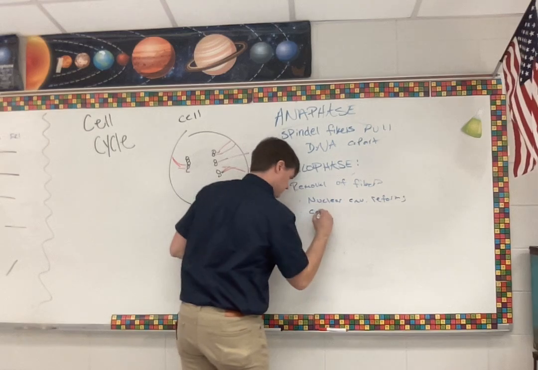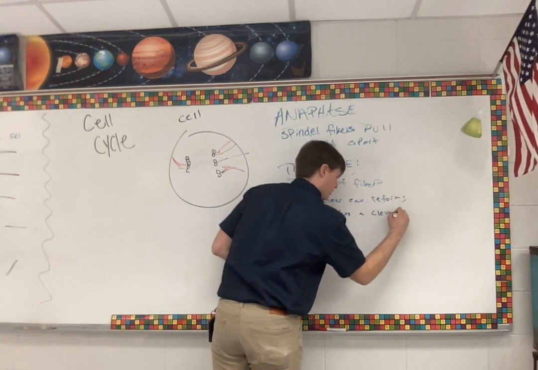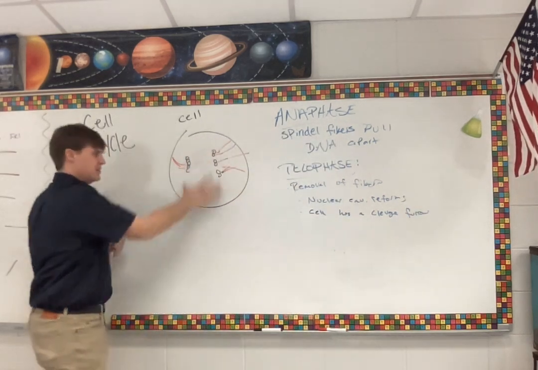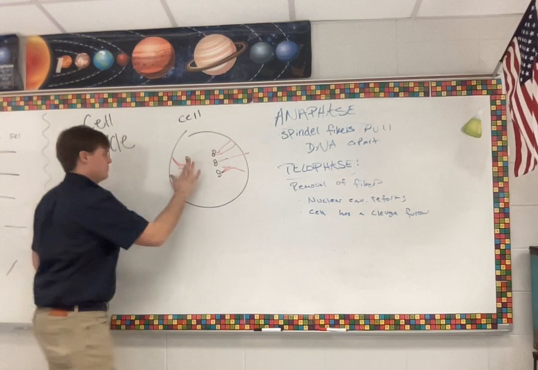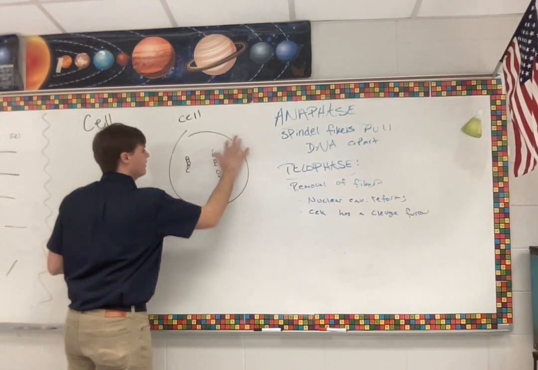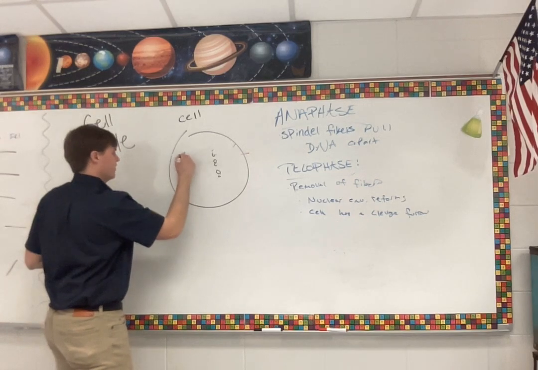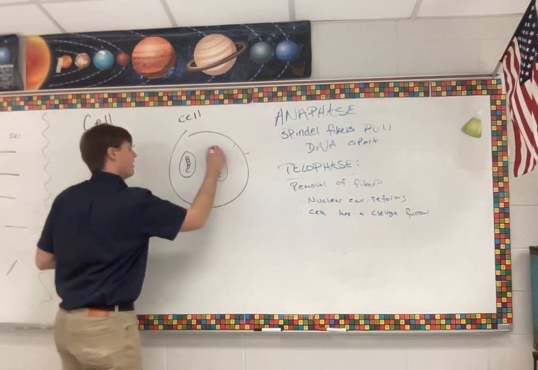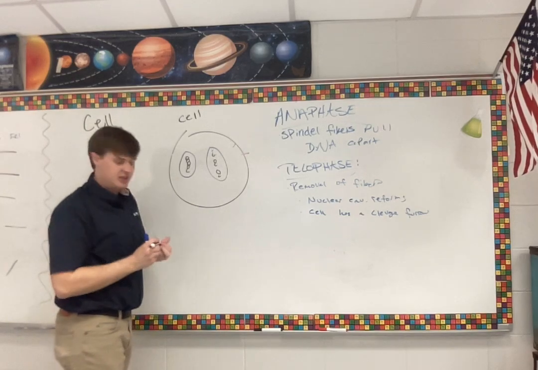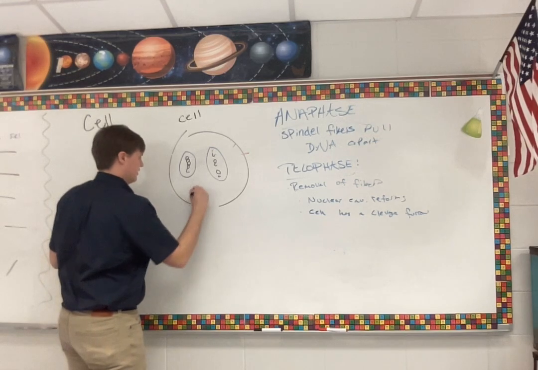It's called a cleavage furrow. The nuclear envelope reforms around the DNA, and the cell prepares itself to split in half by making a cleavage furrow. So what a cleavage furrow looks like is it looks something like that.